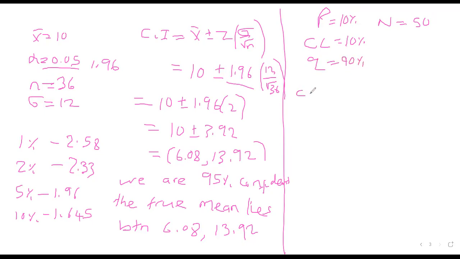So confidence interval for proportions is given by P plus minus Z square root of PQ over N. So our P is 10%, which is 0.10. Our Z from 90%, or from 10%, is 1.645.